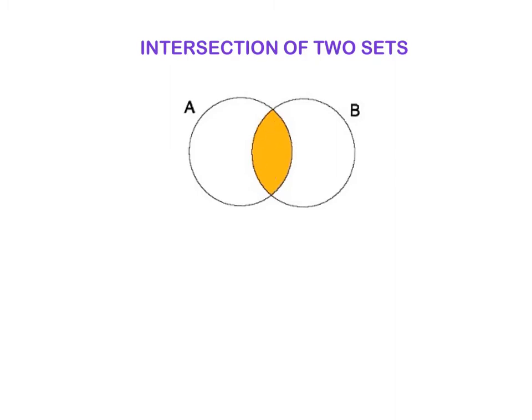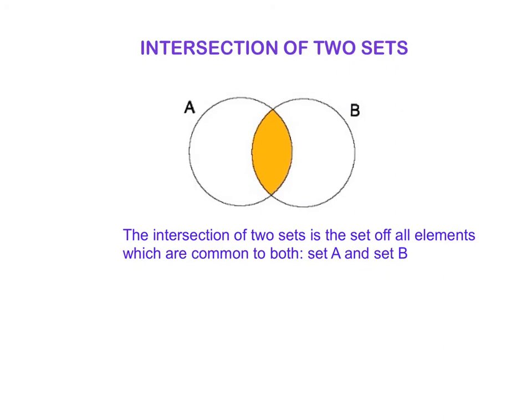In this case, this is the set of all elements which are common to both set A and set B. And the notation for intersection is A intersection B. You can notice it's like an upside down U. This is the symbol for intersection, so you need to take down in your copies the definition, the diagram, and the symbol.